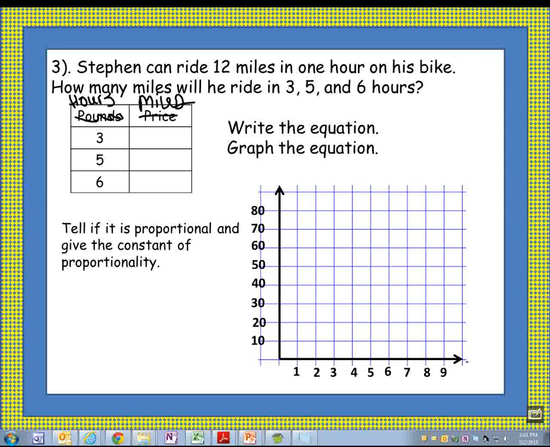So let's write the equation, graph the equation, tell if it's proportional, give its constant of proportionality, all that stuff. Wednesday, covering this unit. So that means I'm going to get your homework from this unit back to you tomorrow.